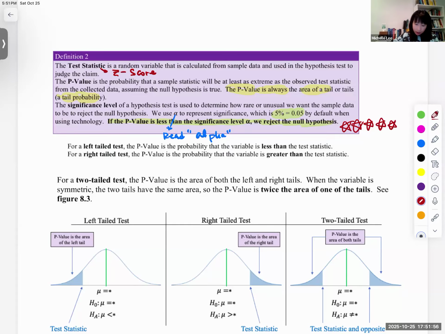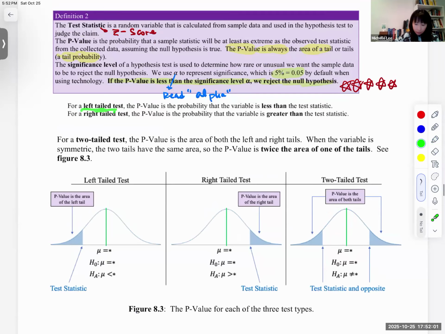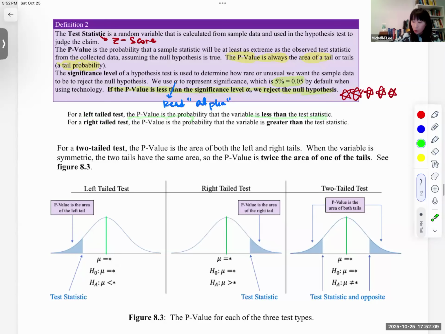All right, so we have the left tail test, where the p-value is the area to the left of the test statistic. The test statistic is the z-score, which is the z test statistic. For the right tail test, the area is on the right.